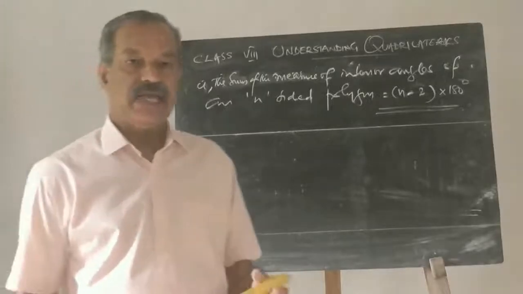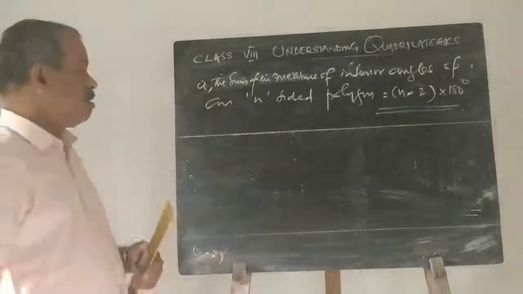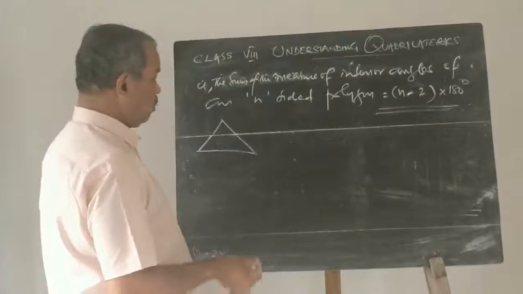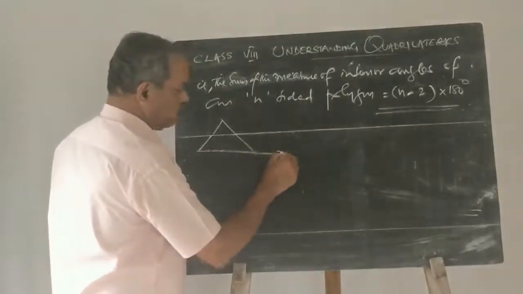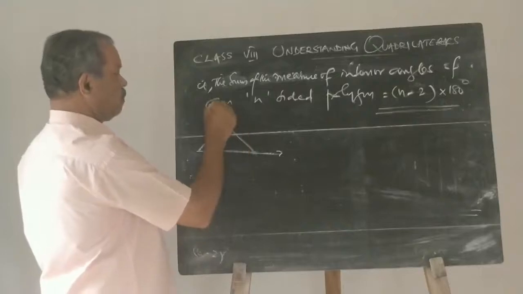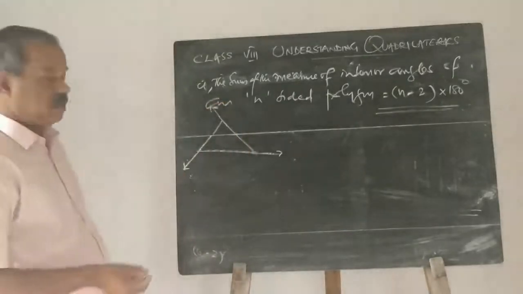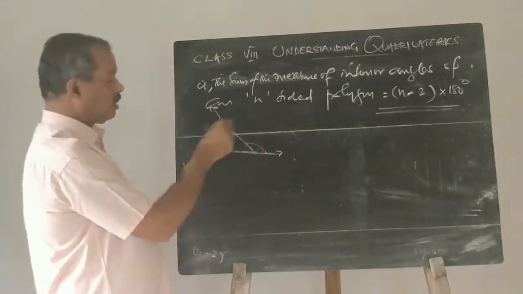Now, what are the exterior angles of a polygon? For a triangle, if we extend the sides in this manner, we get one exterior angle.